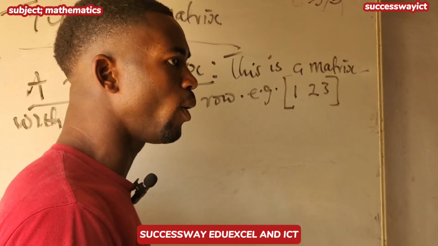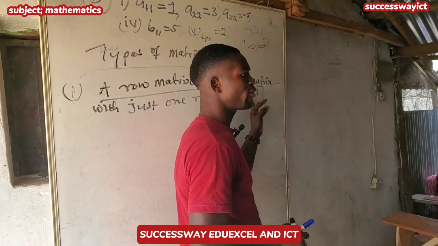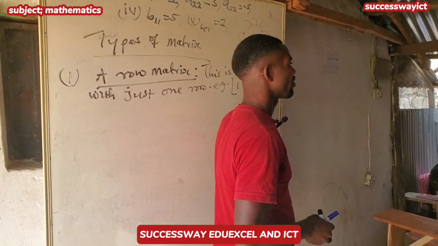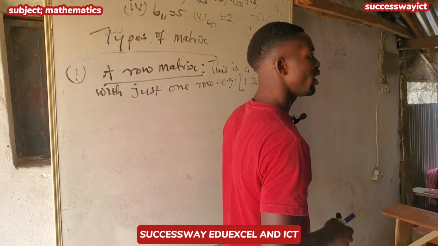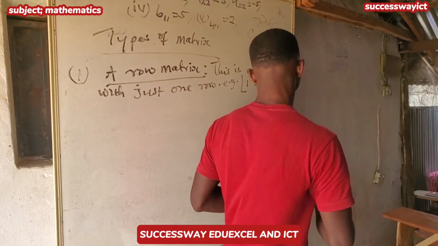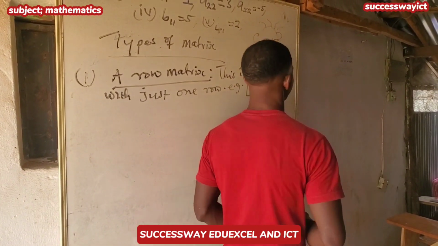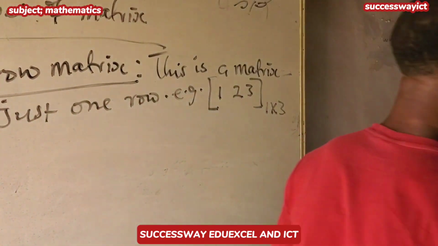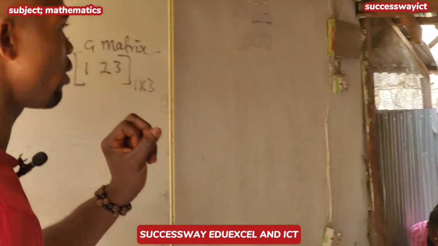It's called what? A row matrix. So what type of matrix? What's the order of this matrix? What is the order? 1 by what? Are you sure? How many columns here? Isn't it? And it's written as what? 1 by 3 matrix. Please, you are making noise. This type of matrix is called what? A row matrix. Just 1 row, not 2. Is that clear now?